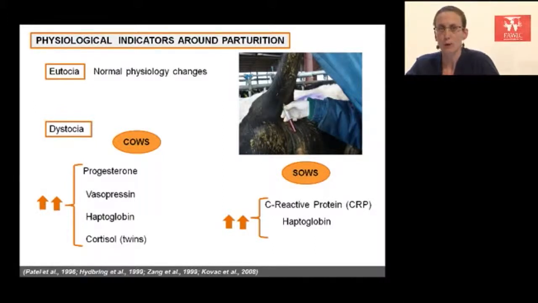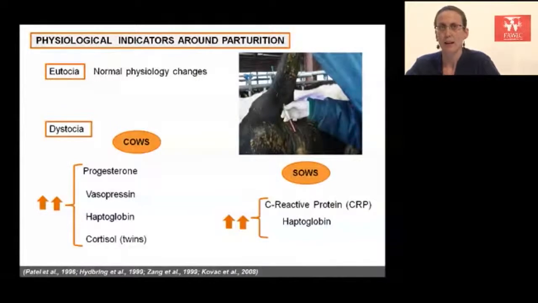But despite this, in dystocia, there are several authors that describe, for example, a dramatic increase in progesterone or vasopressin and also in haptoglobin that can indicate dystocia or problematic parturitions. In the case of cows, the two possible physiological indicators are CRP and also haptoglobin.